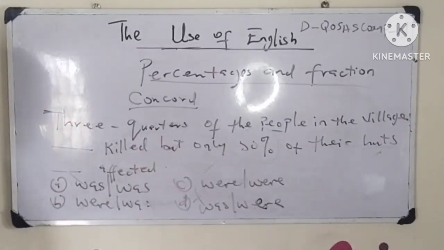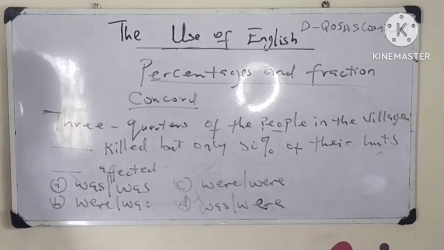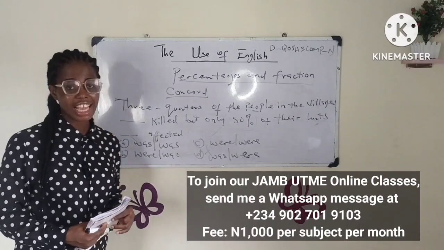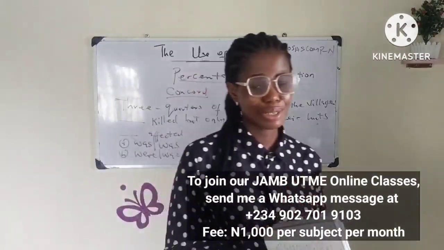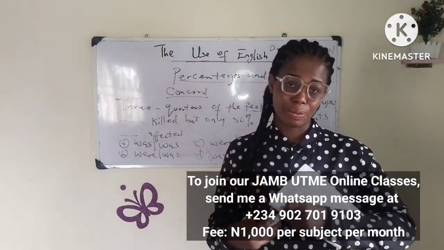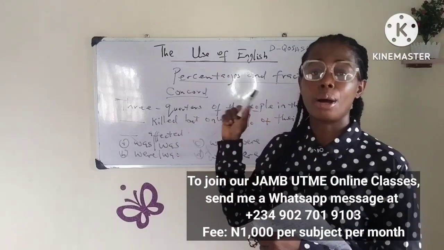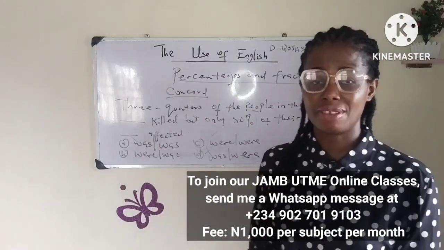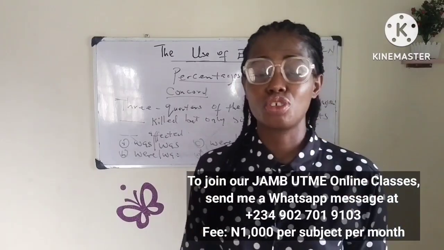3/4 of the people in the village were killed, but only 50% of their herds were affected. So option C is the correct answer. All you have to do is look at the first noun. If there are multiple nouns that come after the fraction or the percentage, the first noun that comes after it is what you should focus on.